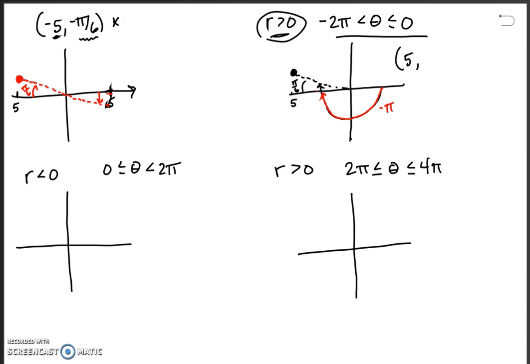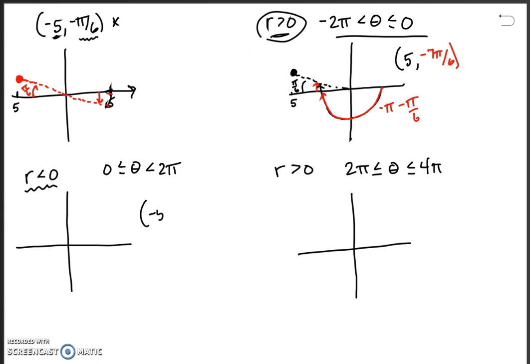And then I want another -pi over 6. So my overall rotation to get over to this polar point is going to be a rotation of -7 pi over 6.